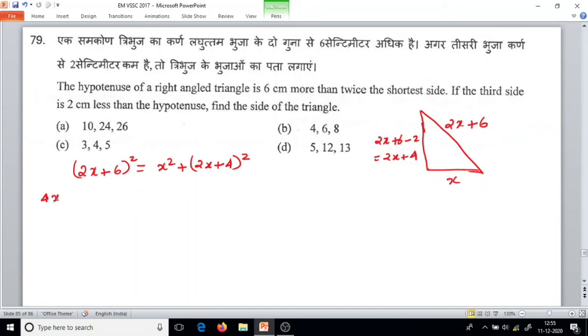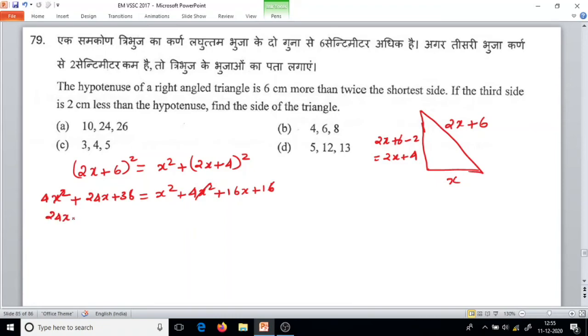Expanding: 4x square plus 24x plus 36 equals x square plus 4x square plus 16x plus 16.